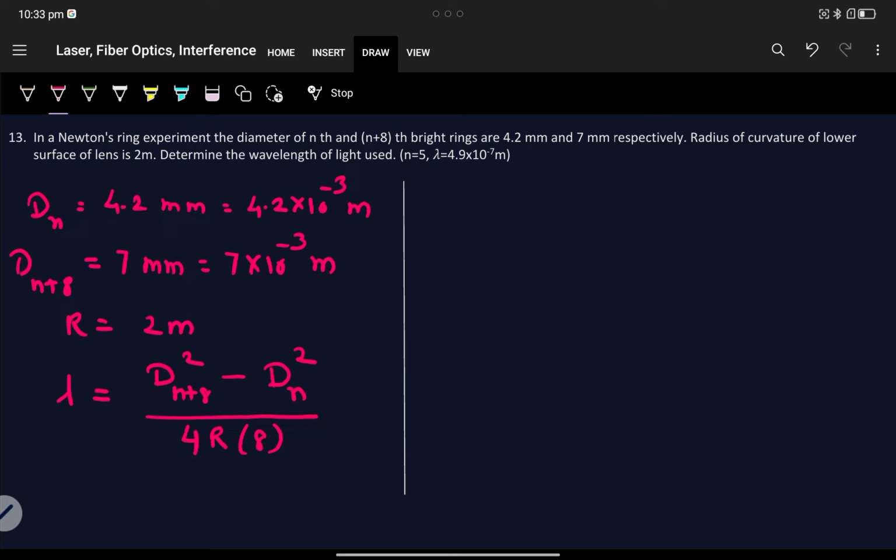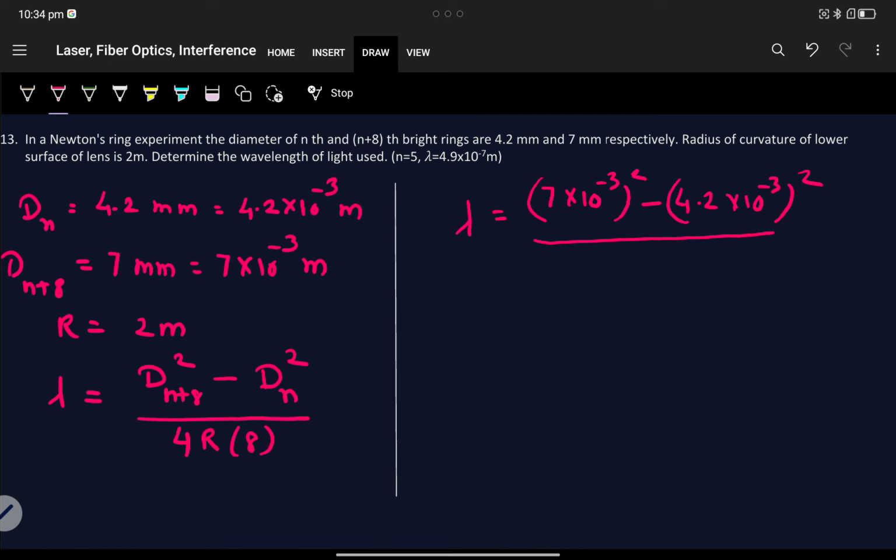So when we substitute, wavelength will be 7 into 10 to minus 3 square minus 4.2 into 10 to minus 3 square, divided by 4 into the value of r, which is 2, into 8.